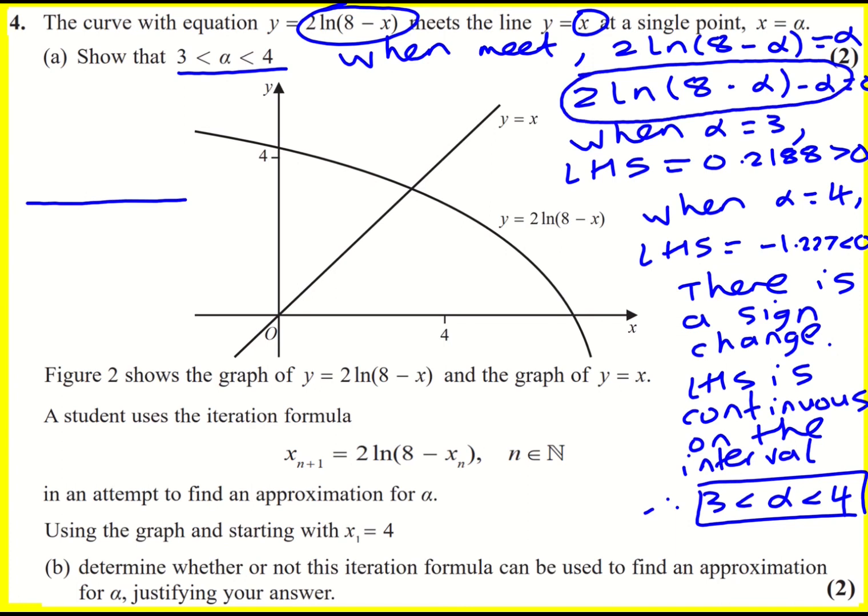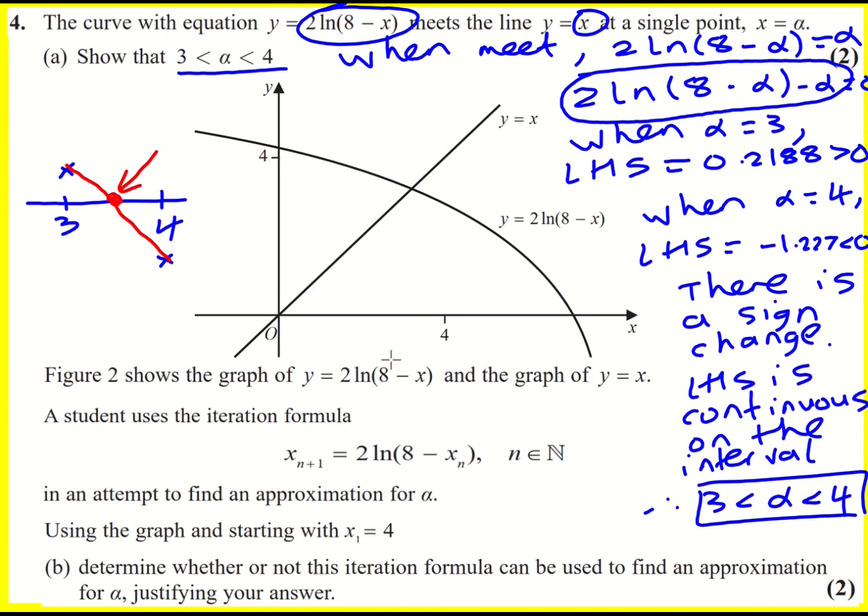At 3 the y value is positive, and at 4 it's negative. Because it's continuous, it must at some point cross the axis. It's gone from positive to negative, so there must be somewhere in between that it becomes 0, and that is our alpha. Alpha must be between 3 and 4.